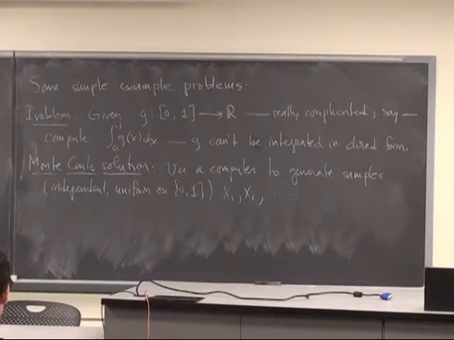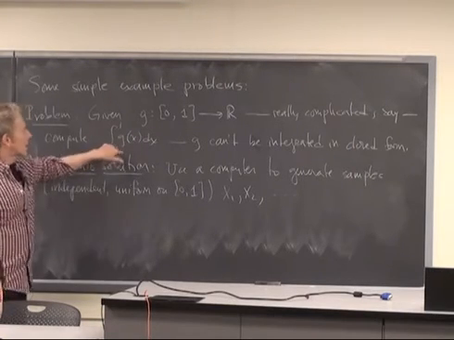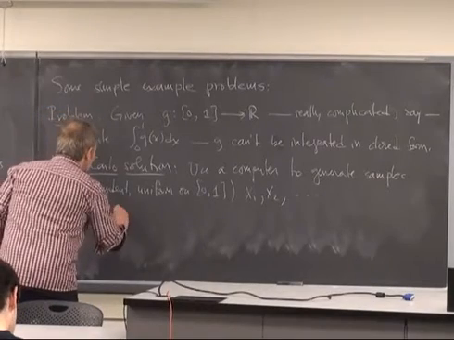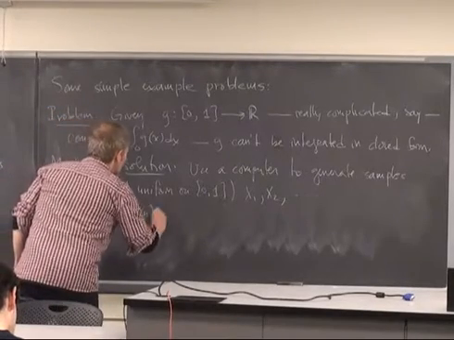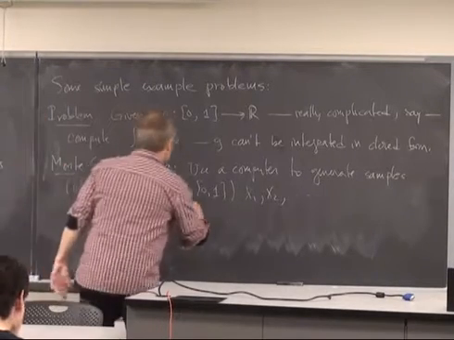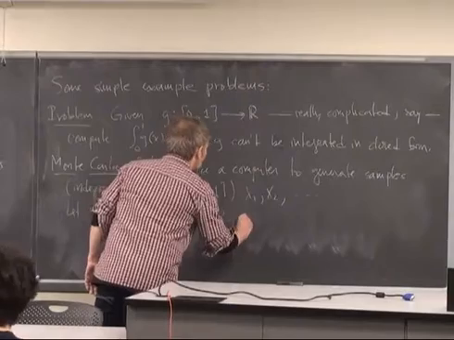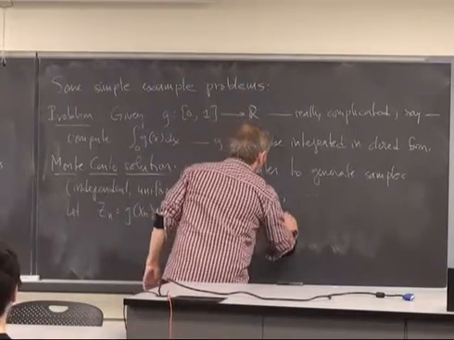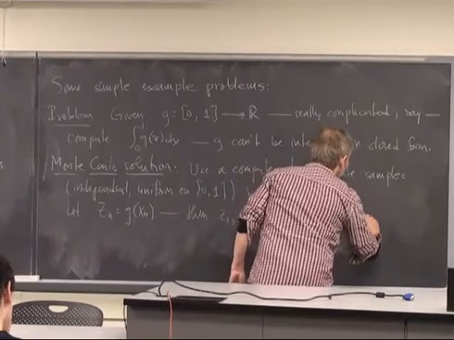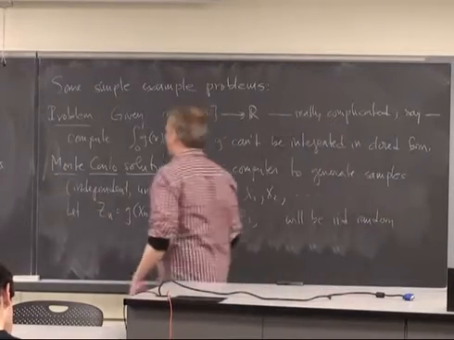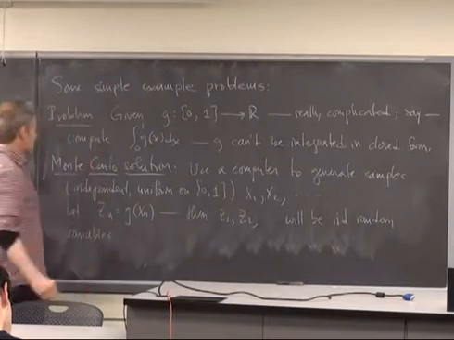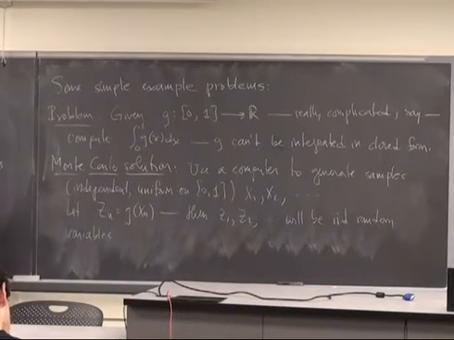Okay. Now, let zn equal g of xn, then z1, z2, and so on will be IID random variables, and what is the common expected value of these going to be?